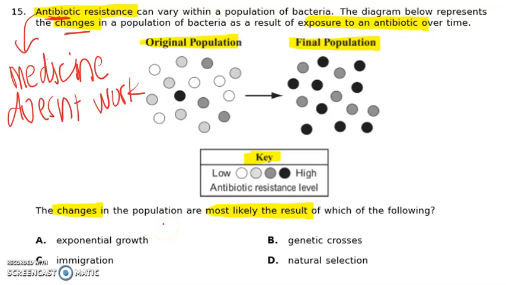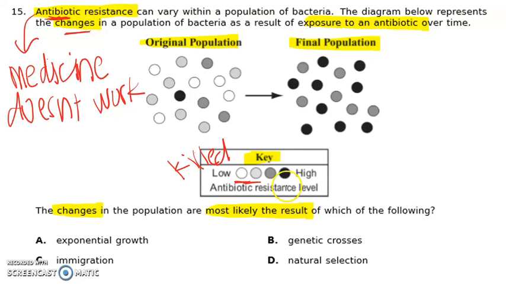So let's look at our image and see what we have. Okay, let's look at our key first. So we see that a white circle or a light gray is going to mean that there's a low antibiotic resistance level. So that means that the antibiotic works on them. Okay, so the bacteria, if there's a low antibiotic resistance, they're going to be killed.